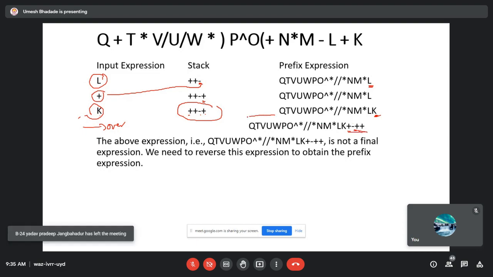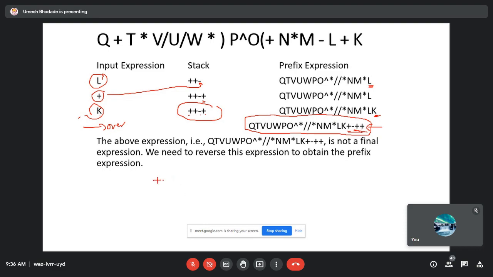Now whatever expression you are getting, this is not the final expression. For getting the final expression you have to reverse this expression. So what will this expression become now? You have to read from right to left.